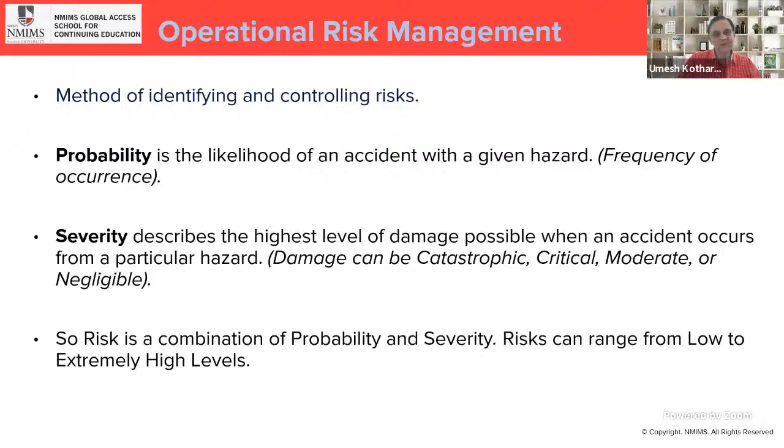The severity is obviously the impact. And if the impact is going to be as dangerous as possible, then you need to work on it. But if it's not, then it's okay. The damage could be catastrophic, it could be critical, it could be not very critical, and therefore you define these to the extent that you would like to, so that you can prioritize what you need to prioritize on.